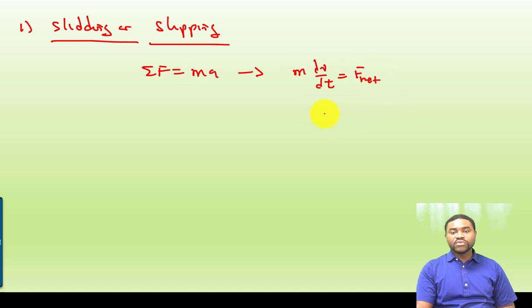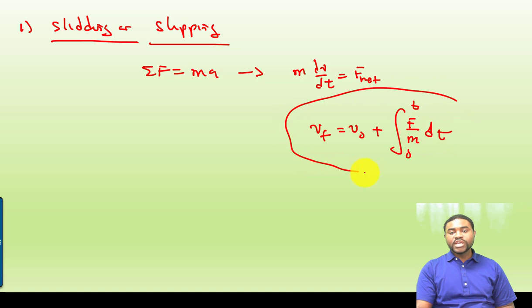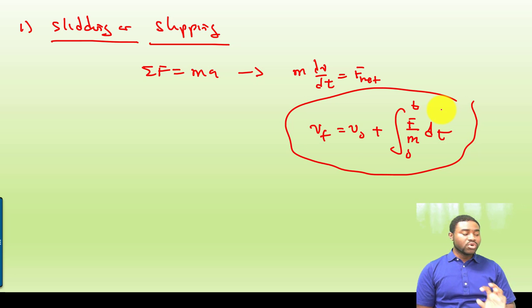We can integrate this, and v final will be equal to v initial plus the integral from 0 to t of F over m dt. This is the equation that governs the motion of the object. In other words, the motion of the object will be governed by the kinematics equations of motion.